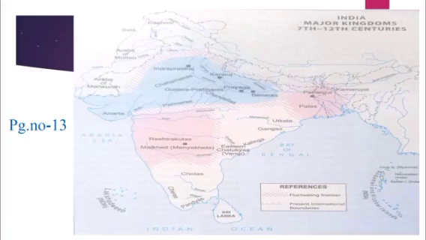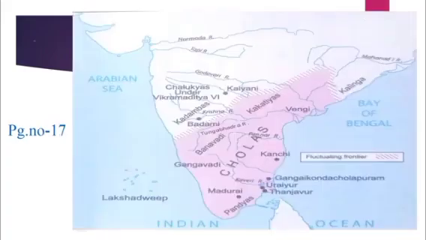Indraprastha is mentioned in ancient Indian literature as a city of the Guru kingdom. Then Kanauj. Kanauj is located at Uttar Pradesh. Prayaga is also located at Uttar Pradesh. Finally, Benares. Benares is also located at Uttar Pradesh.